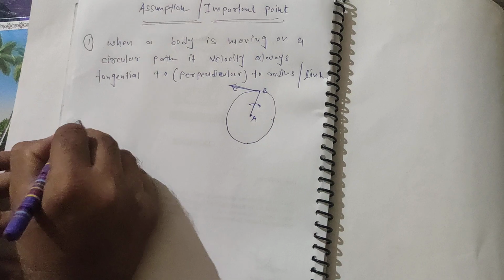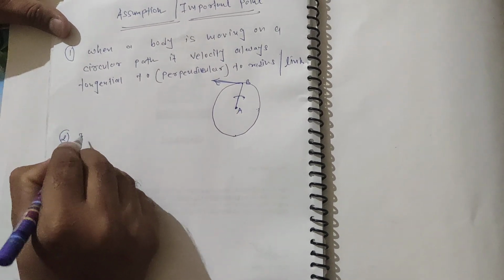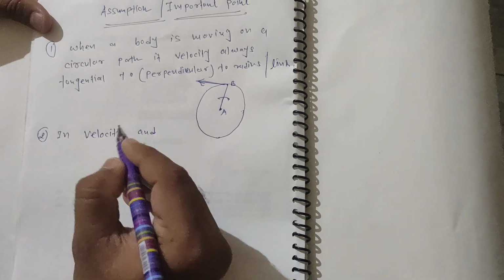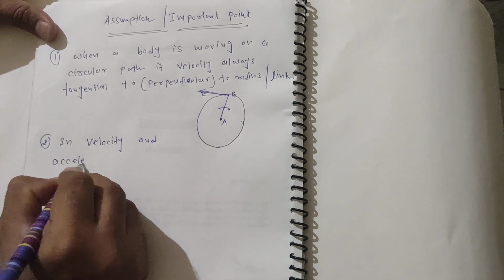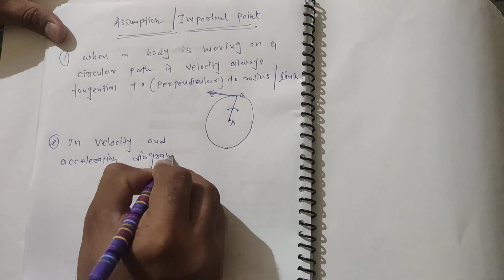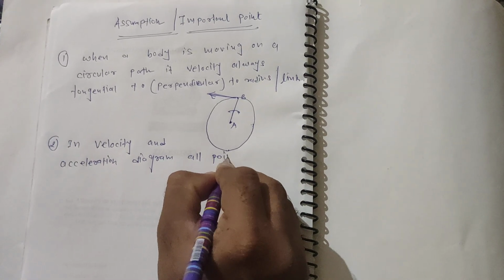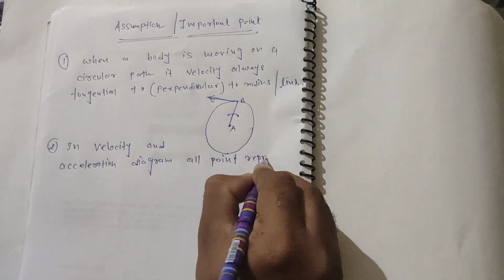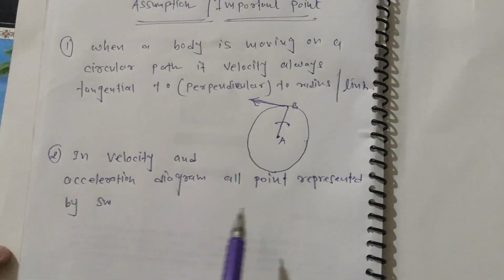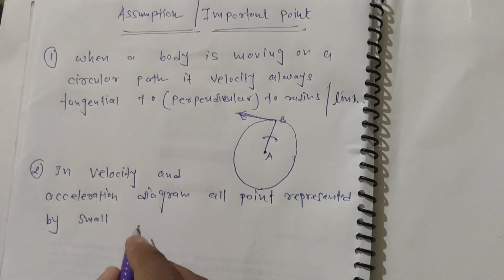Another important point: in velocity and acceleration diagram, all points are represented by small letters.